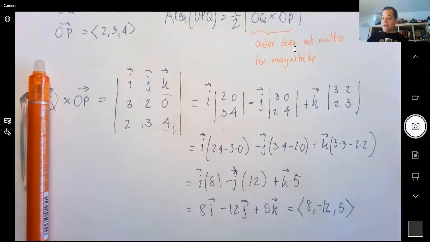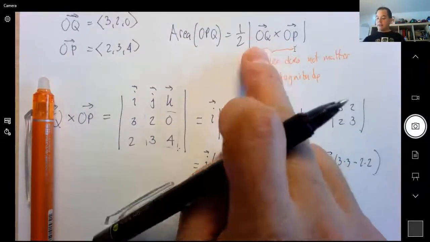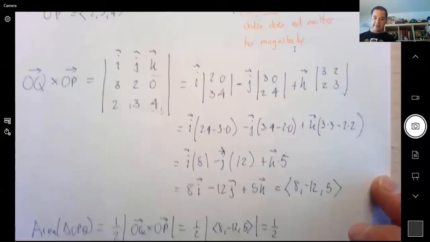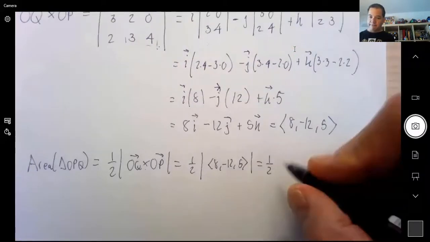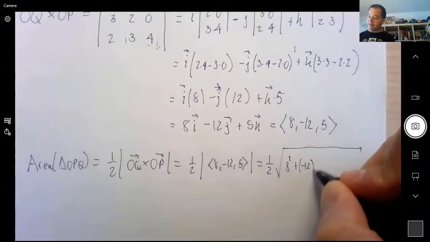Now to get the area, let's not forget that was our problem, right? Getting the area. We need to find the magnitude and divide by 2. So let's do it. The area of the triangle OPQ is 1/2 the magnitude of 8, negative 12, 5, which is the square root of 8 squared, negative 12 squared, 5 squared.